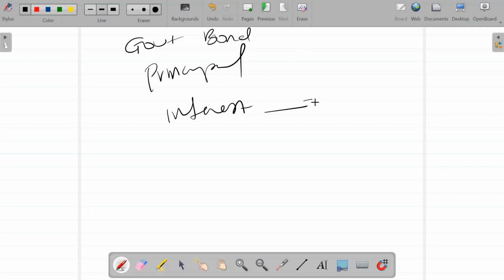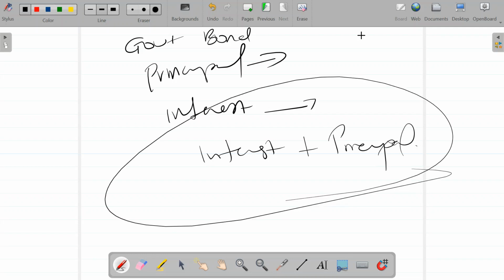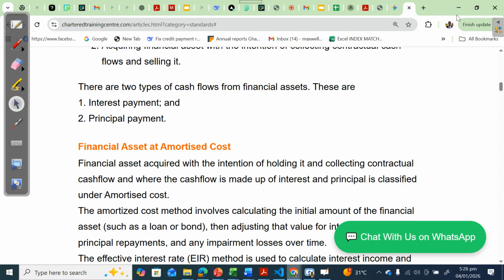You earn the interest on it, but you also get your principal back. So the cash flow you'll be getting is interest plus principal. So there are two types of cash flows from financial assets: interest payments and principal payments.